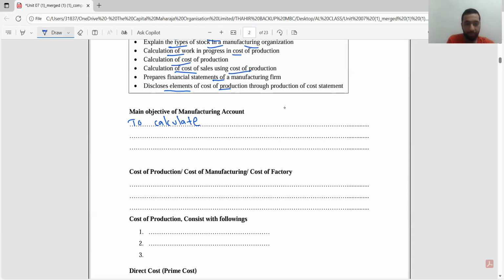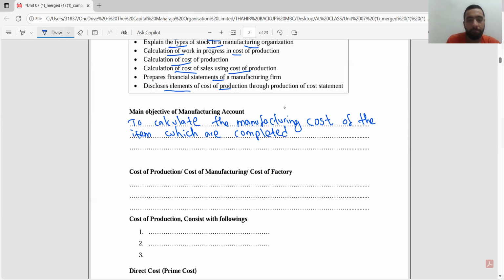To calculate the manufacturing cost of the items which are completed in the current year. Very simple.